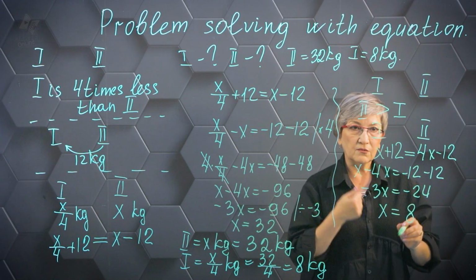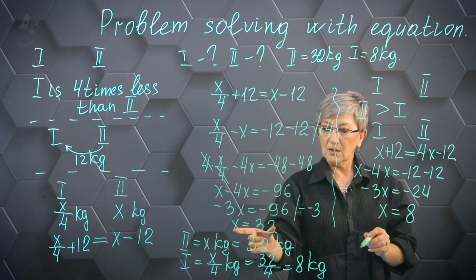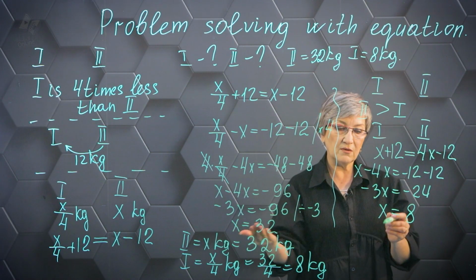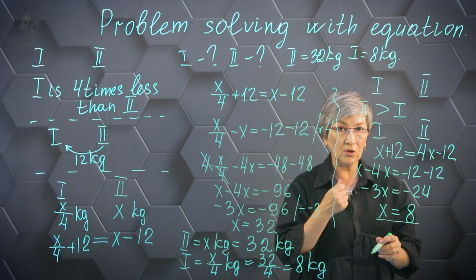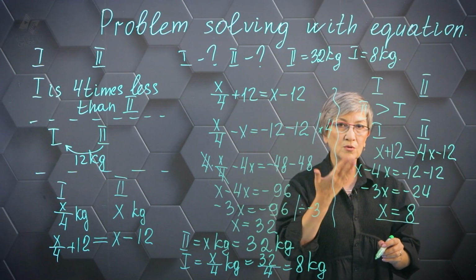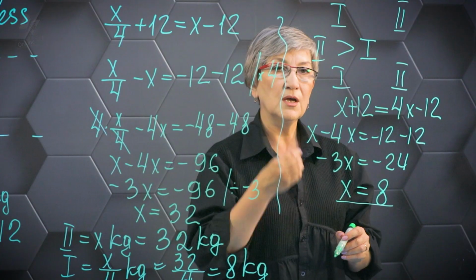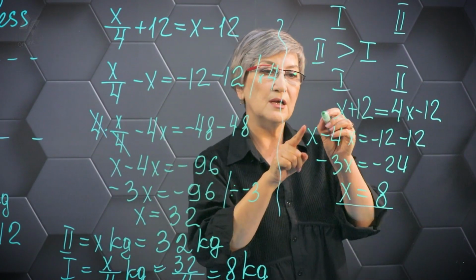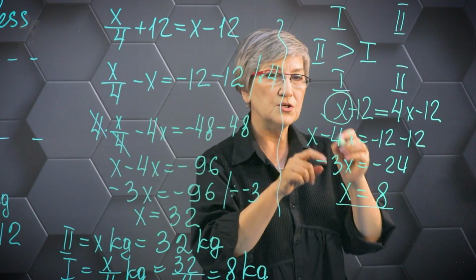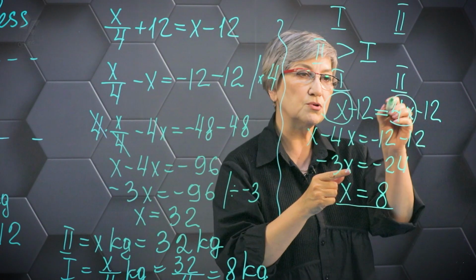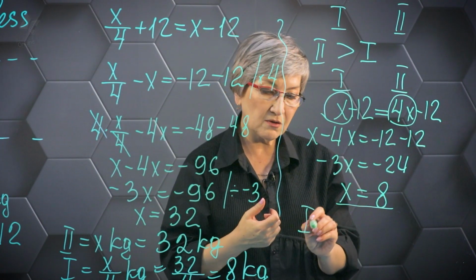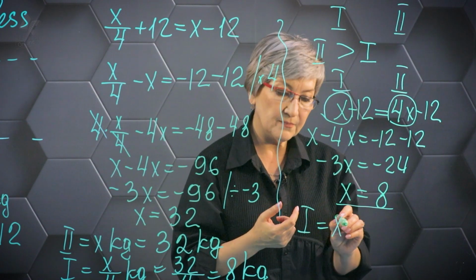You can tell that in the first way we got x equals 32. The answers are different, but let's go back to our equation. Notice that we have labeled the first box with x and the second box with 4x. Then we have x in the first box, and that's 8 kilograms.